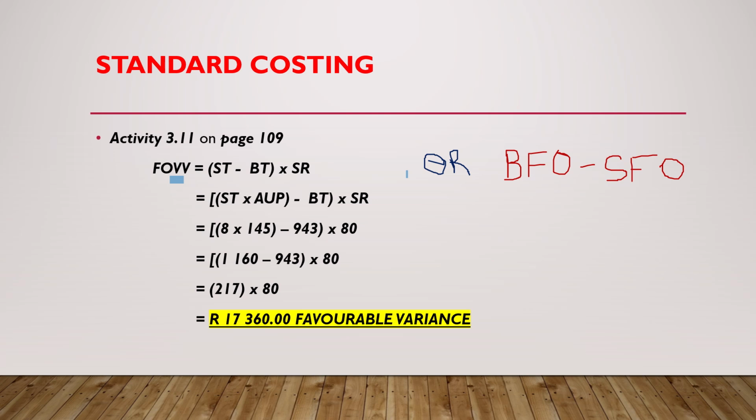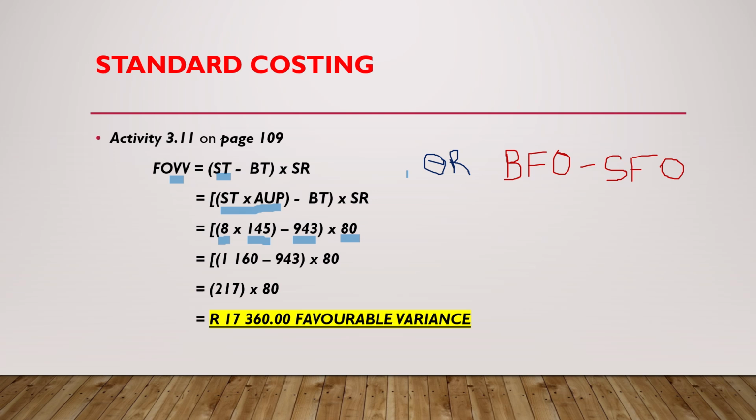Let's start here. Standard time extended is standard time times actual units produced: standard time is 8 labor hours, and the units actually produced are 145. Then budgeted time, or estimated time, is 943 hours, and the standard rate is 80 rand.